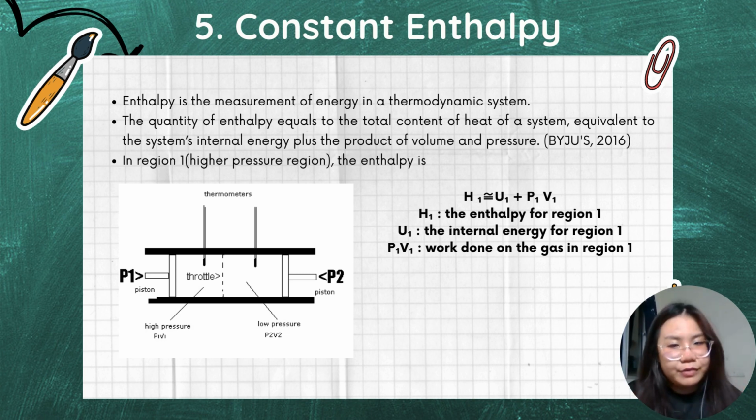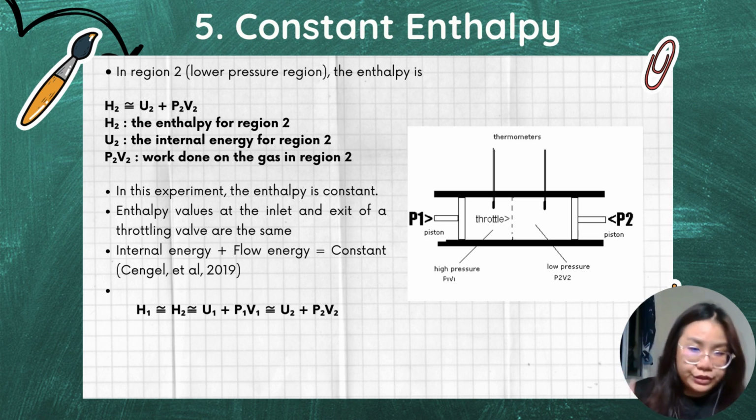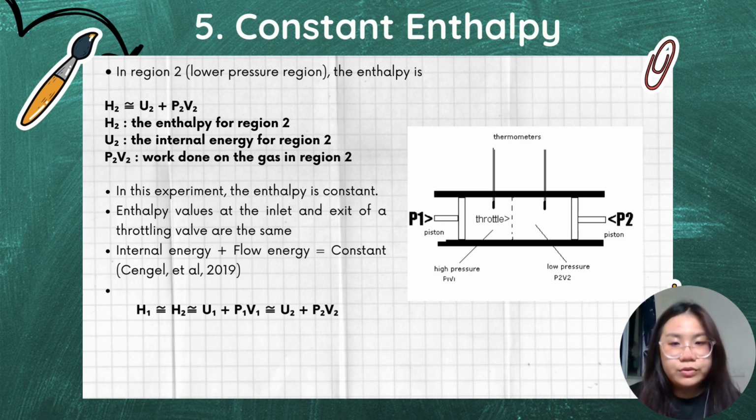So, for example, in region 1, which is the higher pressure region, the enthalpy H1 is equal to U1, the internal energy for region 1, plus P1V1, which is the work done on the gas in region 1. In region 2, the lower pressure region, the enthalpy H2 is equal to U2, the internal energy for region 2, plus P2V2, the work done on the gas in region 2.